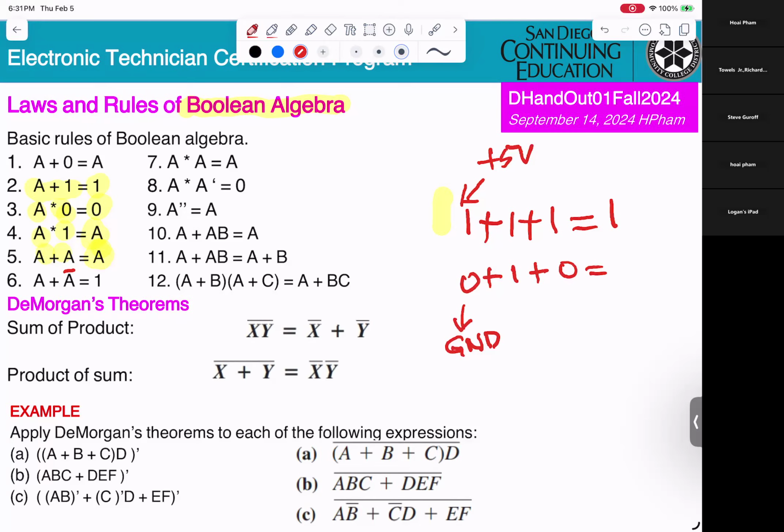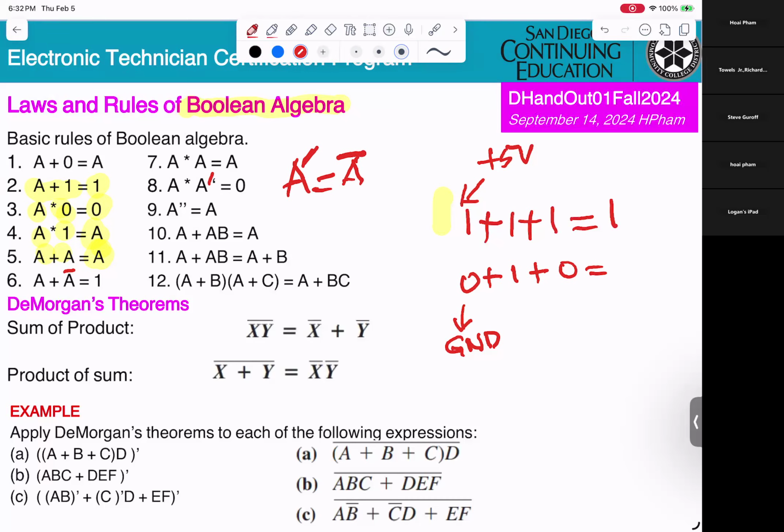A times not A. In here they're using that notation to mean not A, not the bar over. That means not A: if A is 0, not A will be 1.